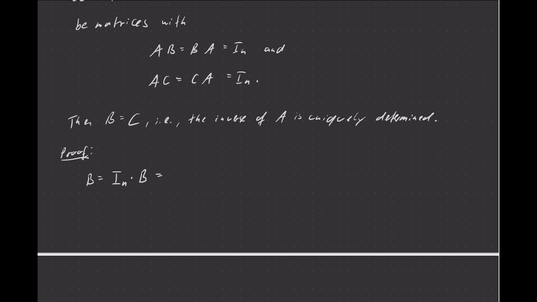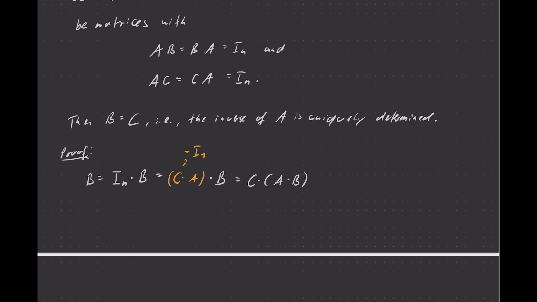And now we know that the identity matrix can also be written as C times A. So we'll do just that. We'll write C times A instead of the identity matrix. And then, using the rules of matrix multiplication, remember matrix multiplication is associative, so it doesn't matter whether we first compute C times A and then times B, or we first compute A times B and then multiply C times that result.